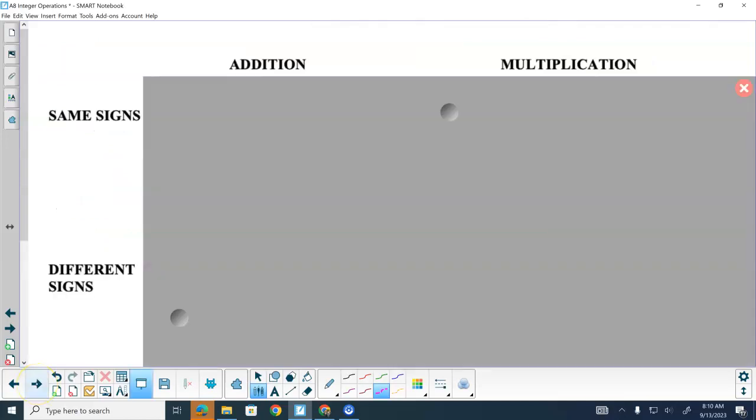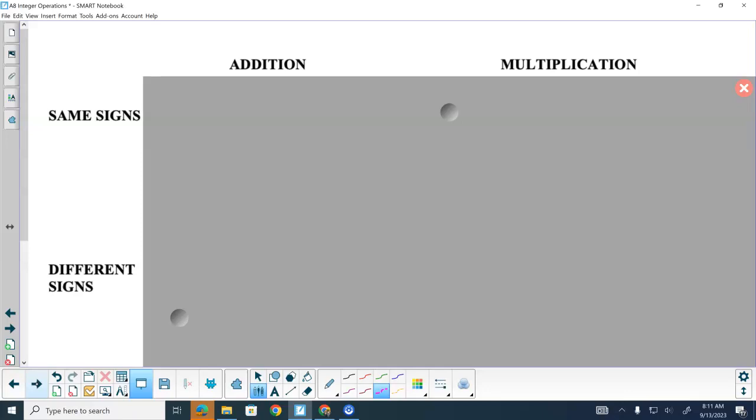All right. So, let's talk same signs, different signs when we're adding and when we're multiplying. Okay? So, if we're adding and we have the same sign, what do we do? Same sign with addition. This goes way back to last week and the week before.